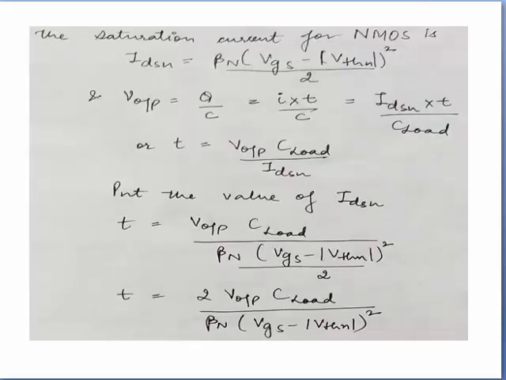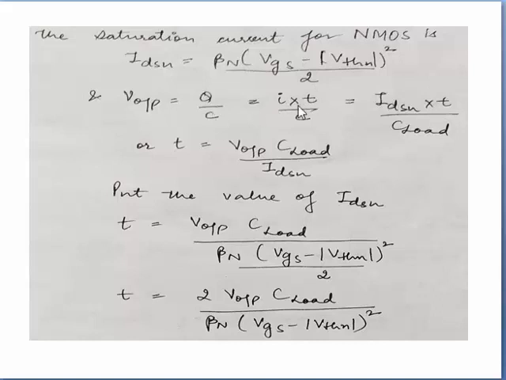So first of all we have to write down the equation of saturation current for the NMOS transistor. The saturation current for the NMOS transistor is denoted by IDSN, the drain to source current for the NMOS transistor, that is equal to beta N into (VGS minus VTHN) whole square by 2. Again we know V output is equal to charge over capacitance and charge is equal to current into time.